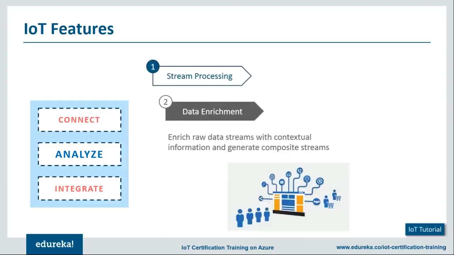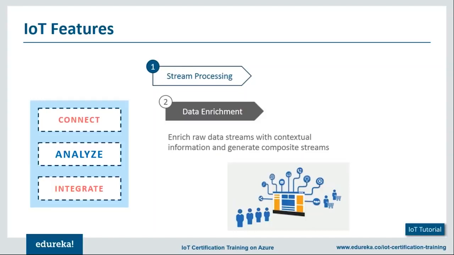Apart from this, this is raw data that is being streamed from all the things. You need to identify which is contextually important information which is going to be taken forward. So once I have the relevant information, I can even generate composite streams of information which can be taken ahead for future analysis and understanding as well.